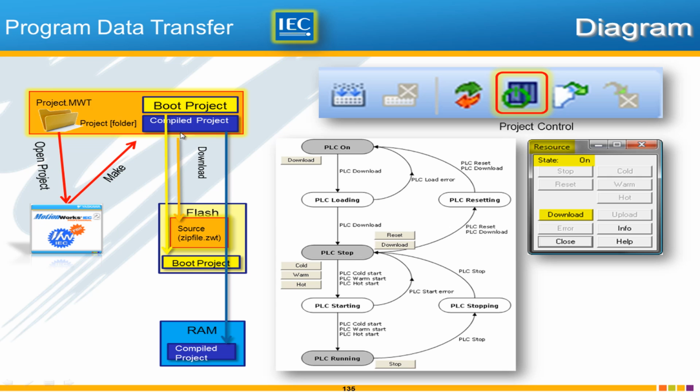And then the source can be zipped and saved on the flash of the controller also as zipfile.zwt. Then if the controller is turned off, when it turns back on, the boot project loads from flash to RAM, and the controller begins to run that program.